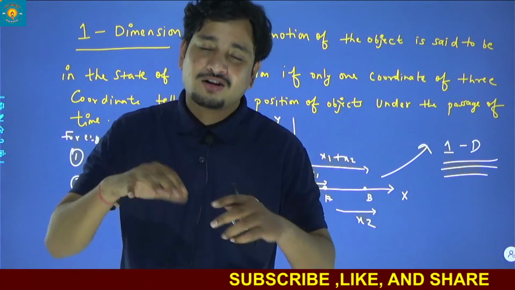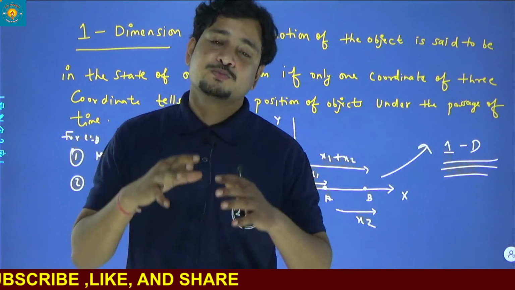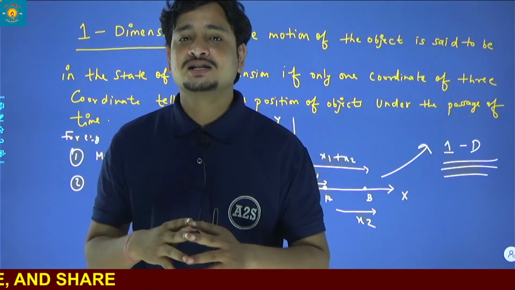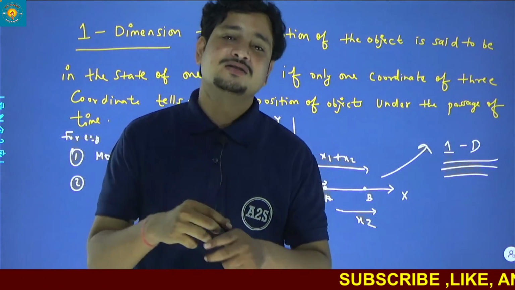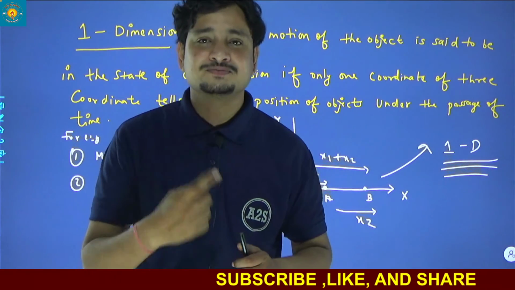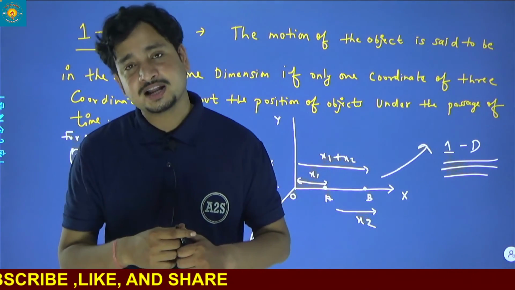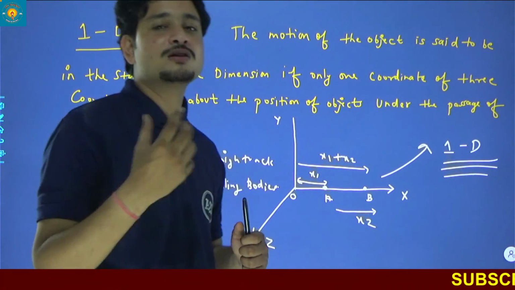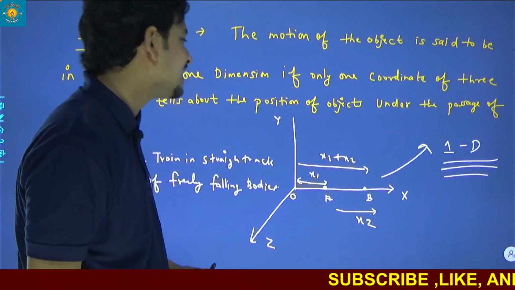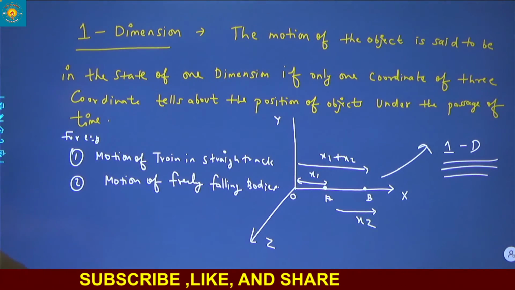Actually all the forces are applied, but the gravitational force is more powerful than all other forces, so the effect of other forces does not occur on these types of objects. Only one force effect occurs, that is the gravitational force. And it always comes in a straight path to the center of the earth. So this, guys, is the one dimension.